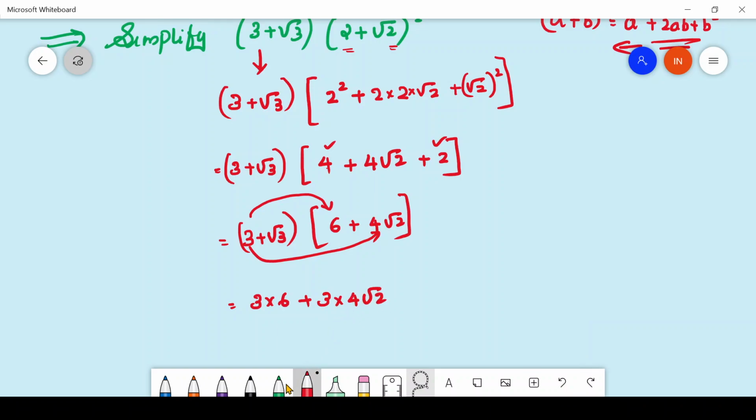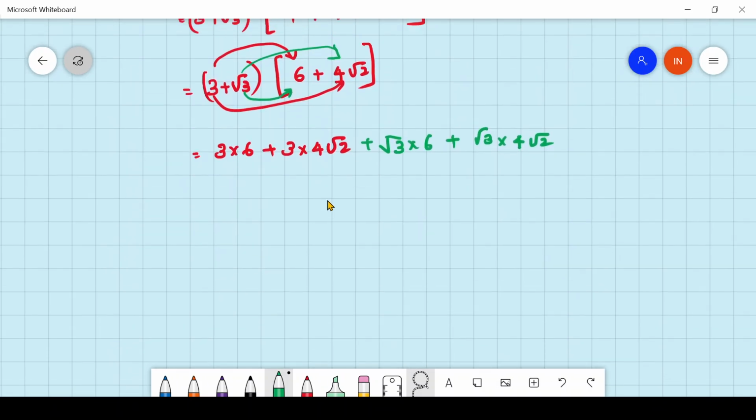Next we have to use the second term in the first bracket with the second bracket, right? So root 3 into 6, then again plus root 3 into 4 root 2. Okay, so let's do this operation.